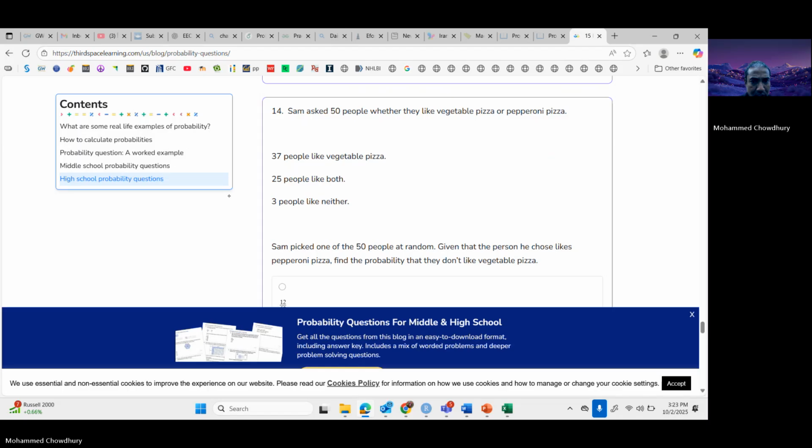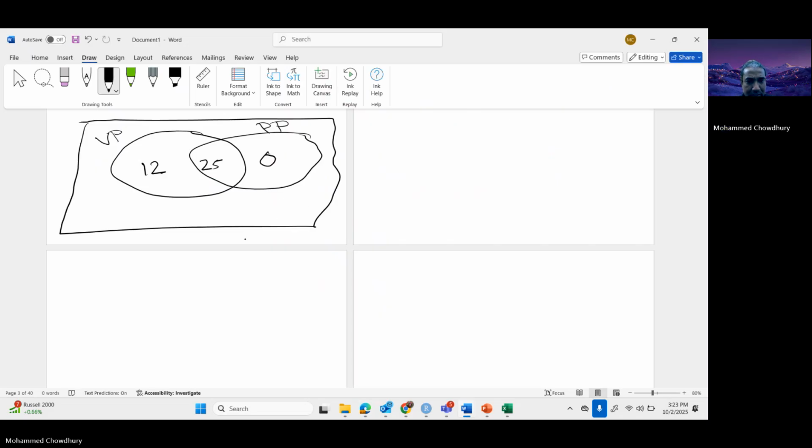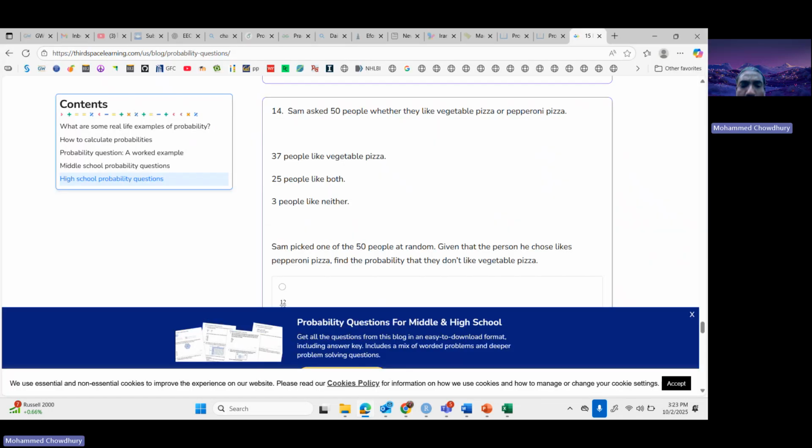And where is 10? 3 people like neither. These 3 people like neither. These 3 are in here, right? Okay, let me see. If the total is 50 people, then out of 50, it's like 47, so it should be 10.